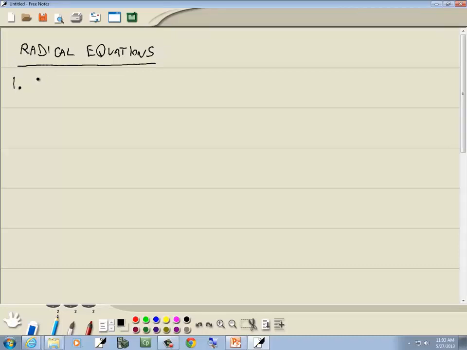Our first step is to get a radical by itself. And I'm going to put inside of parentheses here, do not create a fraction. These are challenging enough. You don't want to throw fractions into them.